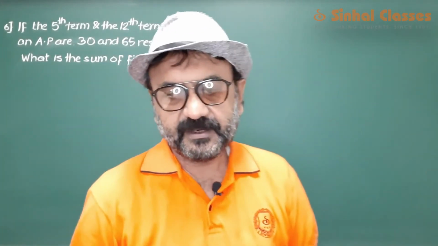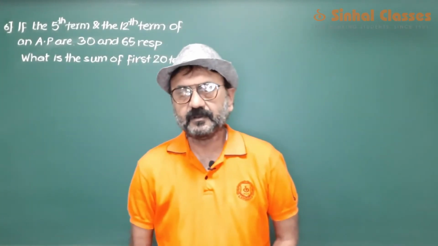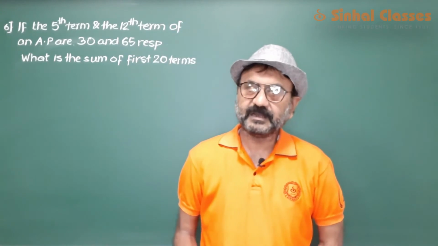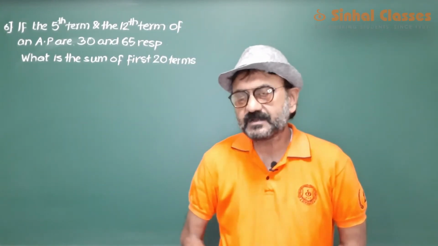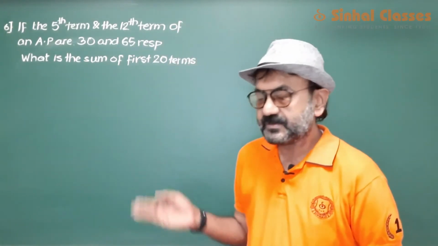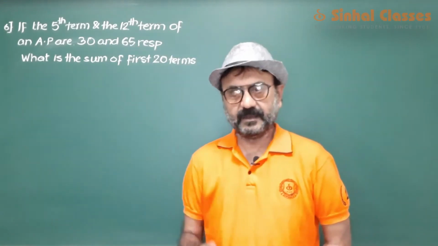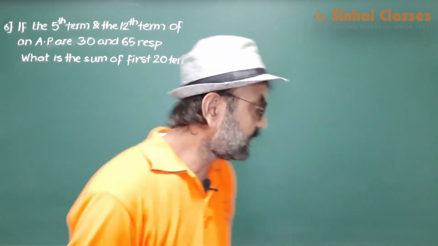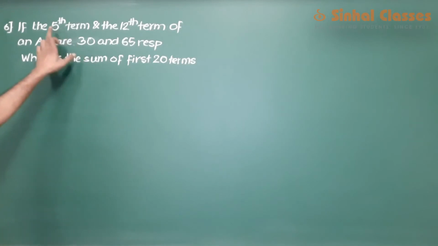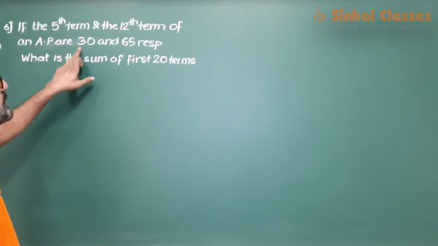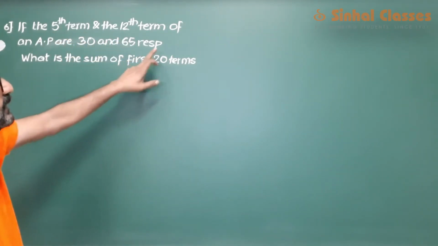Okay, so now we have finished all those sums which were related to the formula Tn. Now let us start a few sums which are based on the formula for Sn. Now here in this next question we are given 5th term of an AP is 30 and 12th term of an AP is 65.